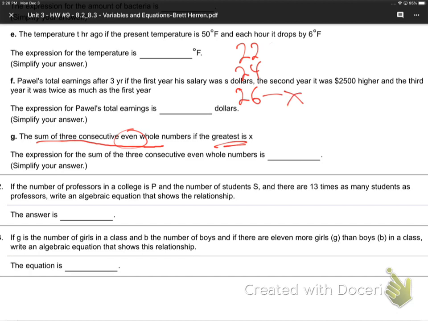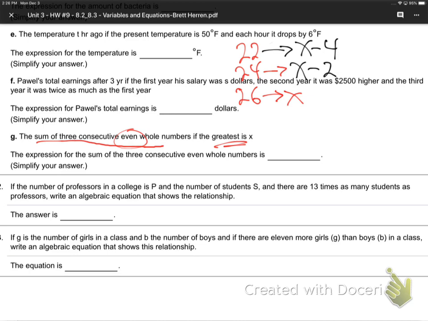So what's the formula for the one right before? X take away 2, right? Because it's 2 lower. And what's the formula for this one? X minus 4, right? Because the first one is 4 lower than the greatest one.